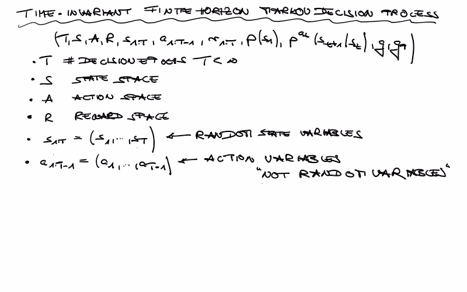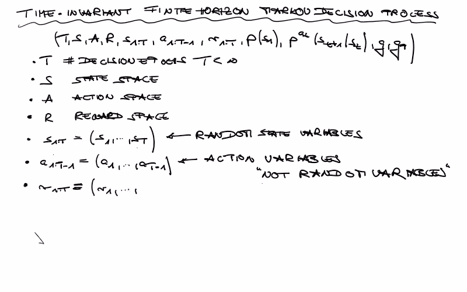However, we are currently not talking about cognitive neuroscience, but about time invariant finite horizon Markov decision processes. In this theory, actions are not random variables. They are just variables, like algebraic variables, that you want to optimize with respect to.